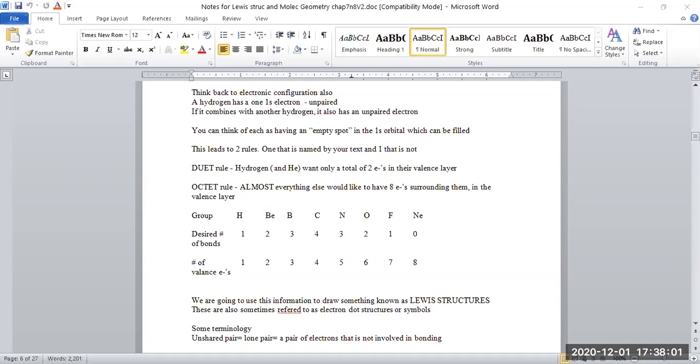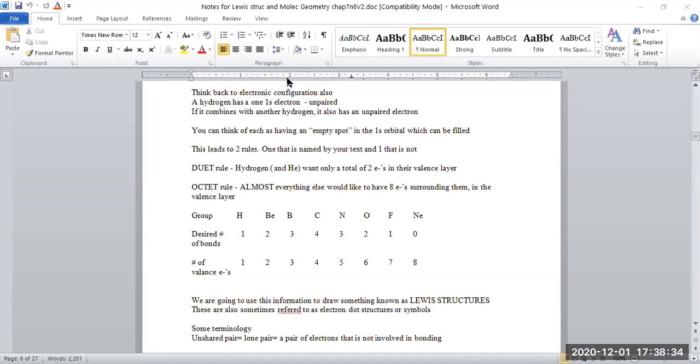The octet rule is the one that definitely qualifies more as a guideline. This is also why it says almost everything would like to have 8 electrons. We talked a little bit about where these things are on the periodic table compared to things we already know. In the previous chapter, we spent a little time talking about valence electrons.